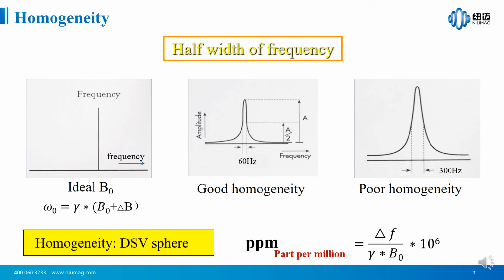So if you look at this formula, 300 divided by 100, that's a magnetic field uniformity of 3 ppm. Later in the course, when we demonstrate the experiment, we will use the formula to calculate the magnetic field uniformity index.